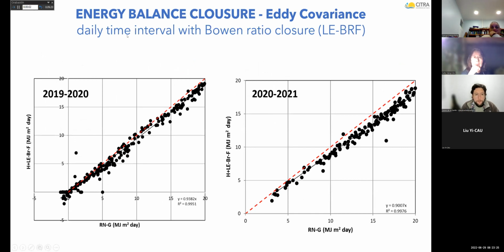Also the energy balance at daily time interval values, applying the Bowen ratio for closure, and the values are also very good for our growing seasons: 0.9 in the slope and 0.98 for the 2 growing seasons.